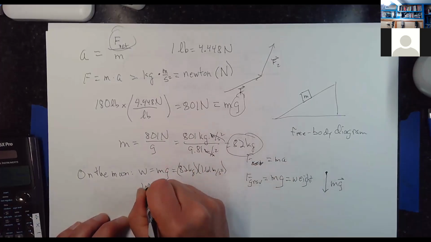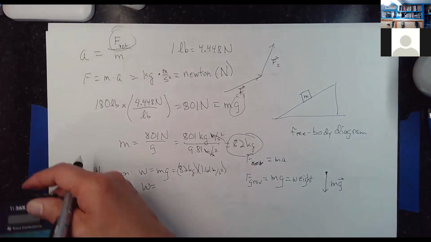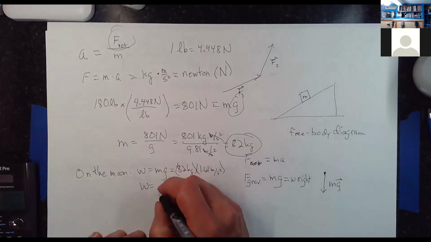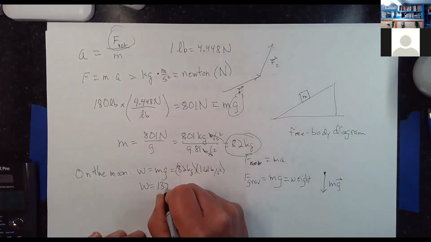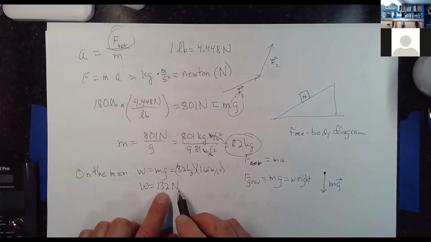And that weight would equal only 132 kilogram meters per second squared. Those are newtons. Okay. Well, now we can figure out what their weight would be on the moon.